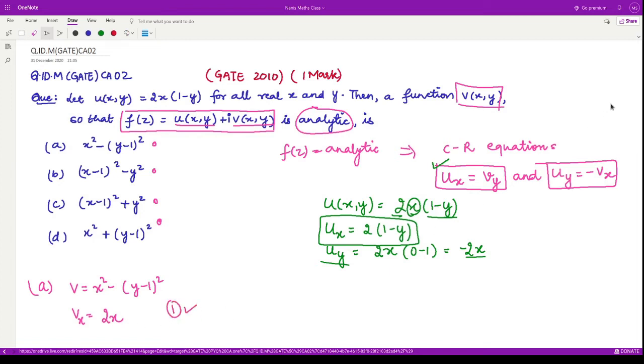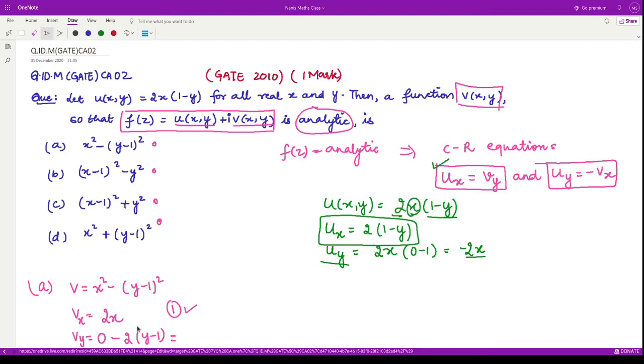Now let us calculate v_y. Here the x squared term would become 0 because it is independent of y, and the partial derivative of the other term with respect to y would be minus 2 into (y minus 1). Now this v_y should be equal to u_x.